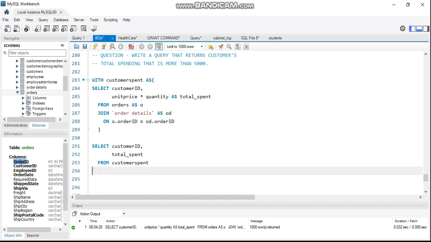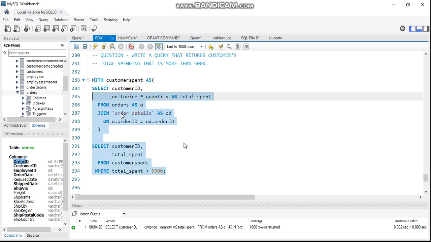From customer spent, where total spent is greater than 5,000. You put your semicolon, you highlight everything, and you run it.